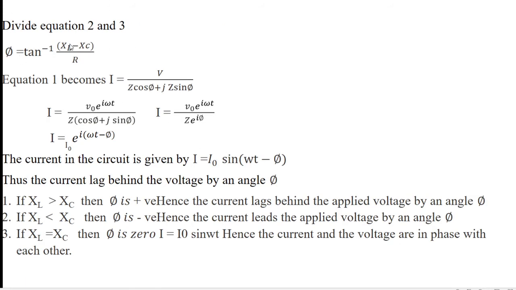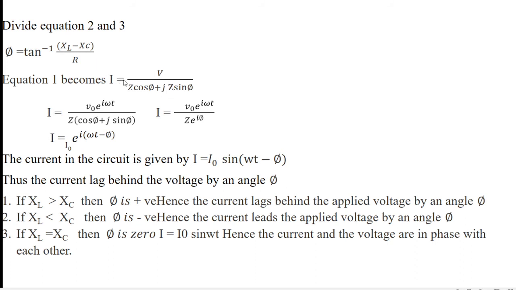Now divide equations 2 and 3, then we get phi is equal to tan inverse of XL minus XC by R. Equation 1 becomes I is equal to V by Z cos phi plus J into Z sin phi, because we substitute the values of R and XL minus XC.